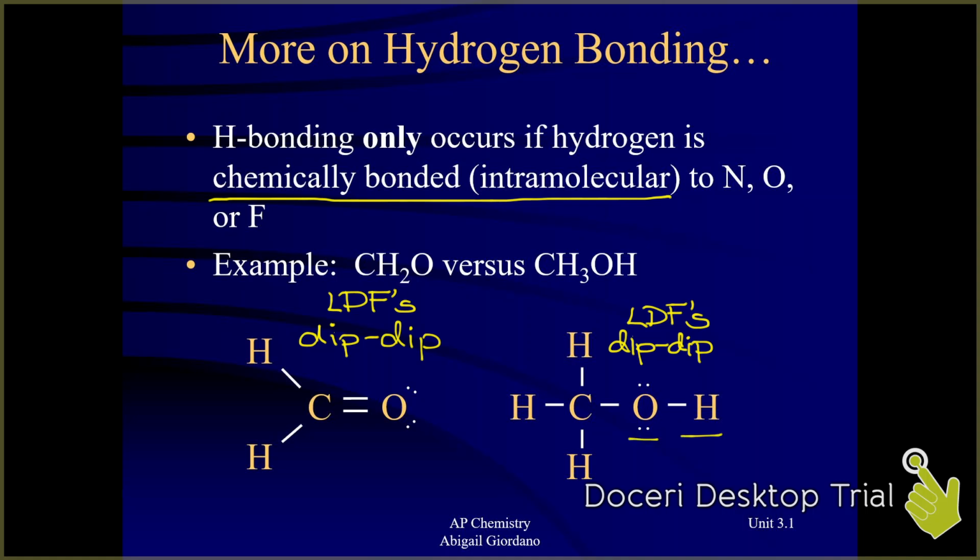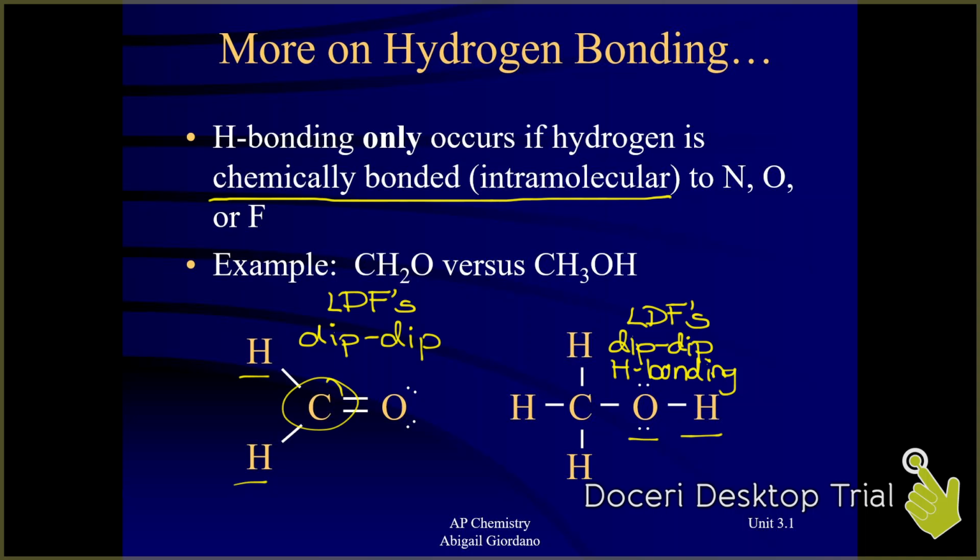So this molecule on the right is experiencing hydrogen bonding. Whereas the molecule on the left, look at what the hydrogens are actually physically bonded to. They're bonded to carbon. That does not qualify this molecule for hydrogen bonding.